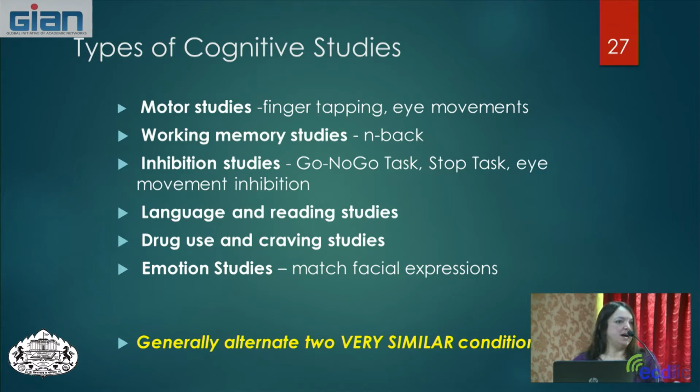So we have one task that's called the N-back, where a person sees, for example, a letter, and they'll be shown a series of letters that are flashing, and they're told if it's equivalent to a letter that occurred 2 times ago, then press a button. If it's not, then press another button.